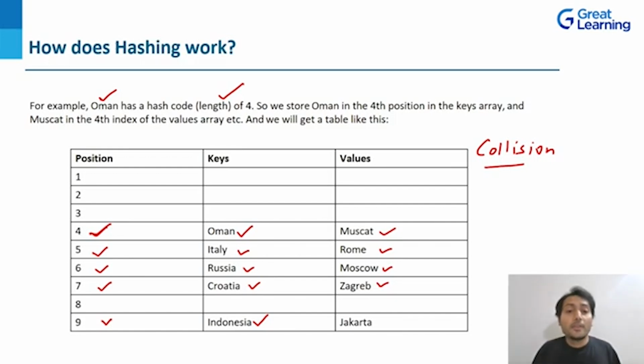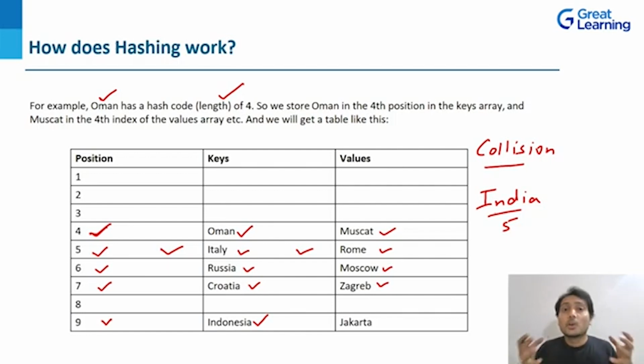Now, suppose I want to insert one more country name, let me take India. So what is the count of India? 1, 2, 3, 4, 5, right? So if I want to store this, I have to store it at this particular location, that is here. But we already have one more country there, that is Italy.